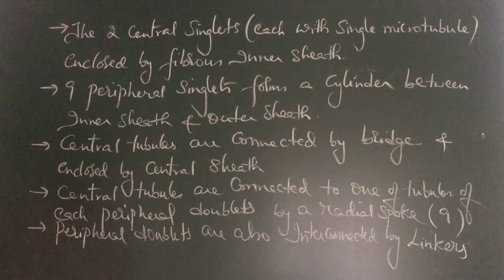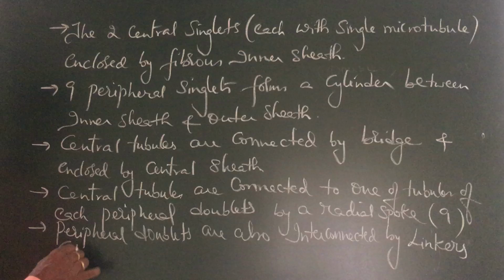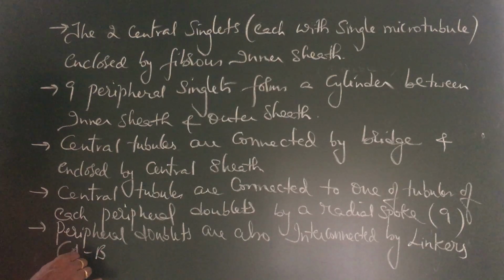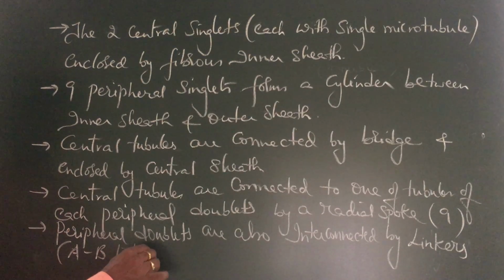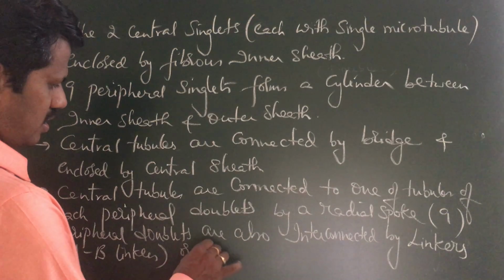These are called AB linkers, because A is connected to B, as I already showed you. Or interdoublet bridge. You can call it linkers or interdoublet bridge.